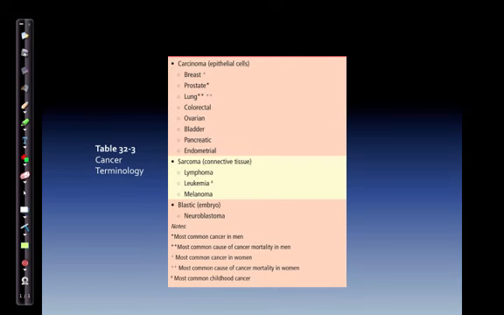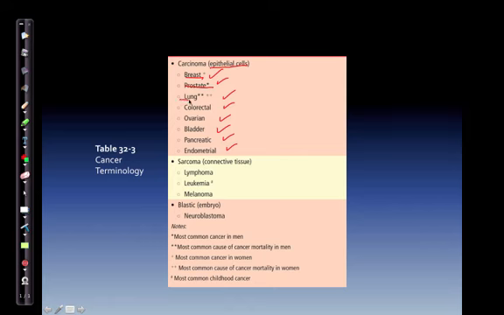Carcinomas occur in epithelial cells: breast, prostate, lung, colorectal, ovarian, bladder, pancreatic, and endometrial. And these little things here, the plus, most common cancer in women is breast, prostate most common cancer in men, lung, which is the double, most common cause of cancer mortality in men, and most common cause of cancer mortality in women.